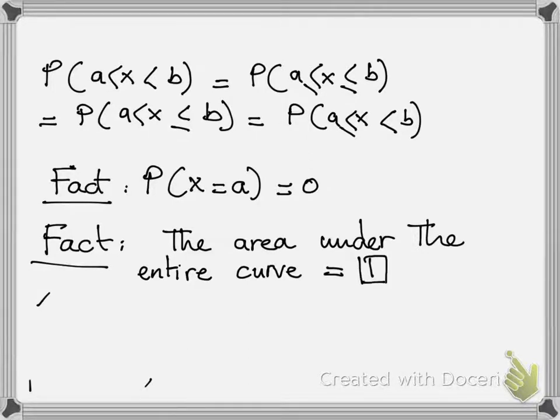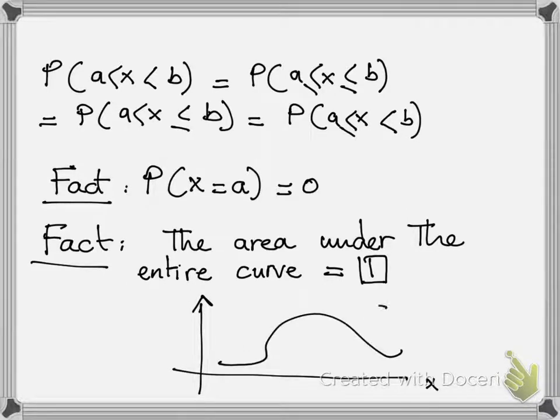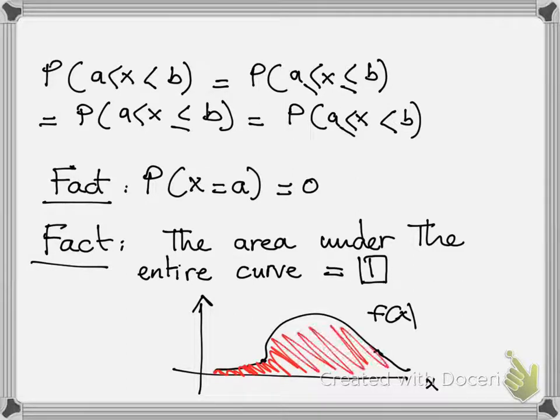In other words, I have this function f of x. Again, here's my x, here's my function f of x. What I'm saying is that the total area here under the curve is equal to 1.